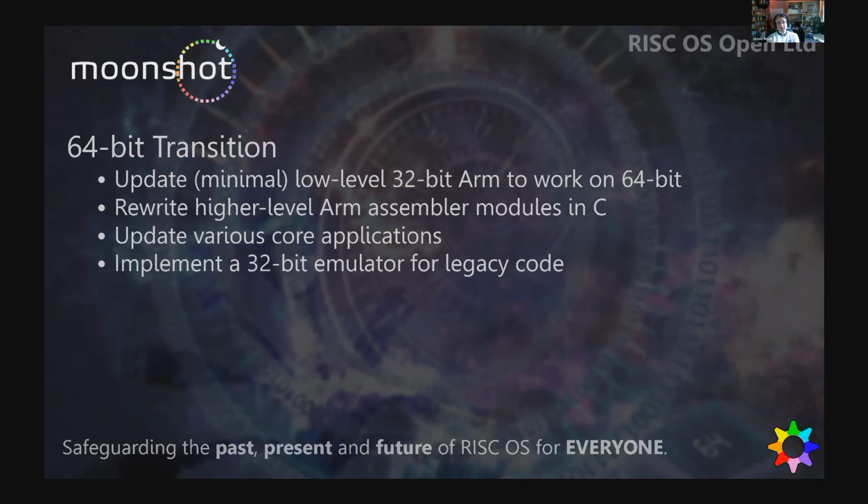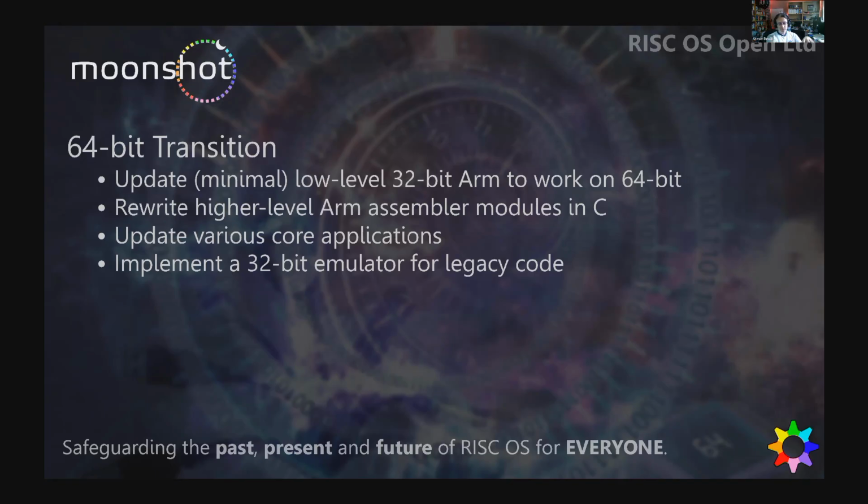There are shortcuts you can take, and I've talked about some of them in the past with emulation or leaning on running on top of another operating system. But to do it purely with RISC OS is a vast amount of work. And most of that work, we believe, is rewriting all of the stuff that's written in handwritten ARM assembler in higher level languages like C. And that means you can recompile C to run on any different type of chip that you want.